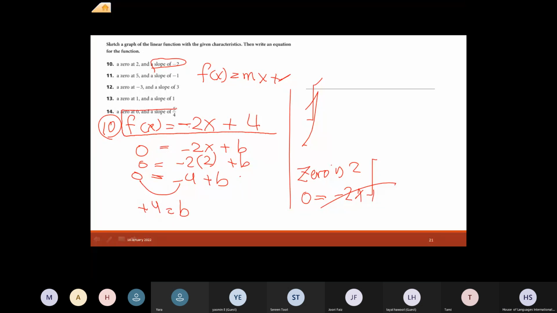So here is the function. The first step, I spot the slope as negative 2, which is given. Then I use the 0 in order to find b. The 0 is the x-intercept. But in order to write the function, I need the y-intercept. So I ask the x-intercept to help me find the y-intercept. Is it clear? Let's solve another example now.